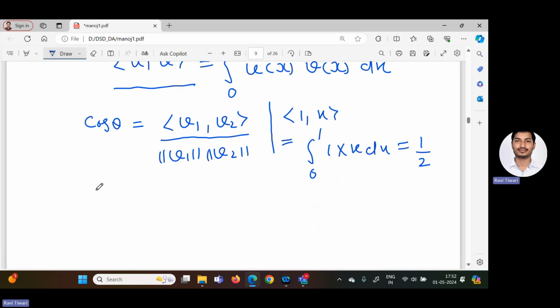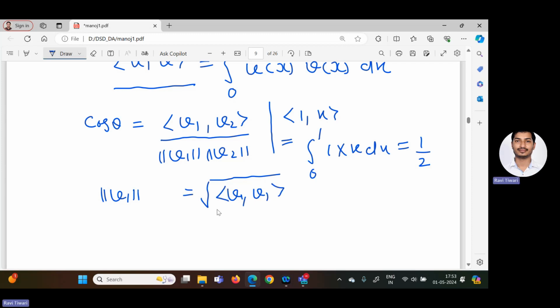Now, how will you calculate norm V1? This is important because norm V1 is defined as the under root of the inner product of V1 and V1.